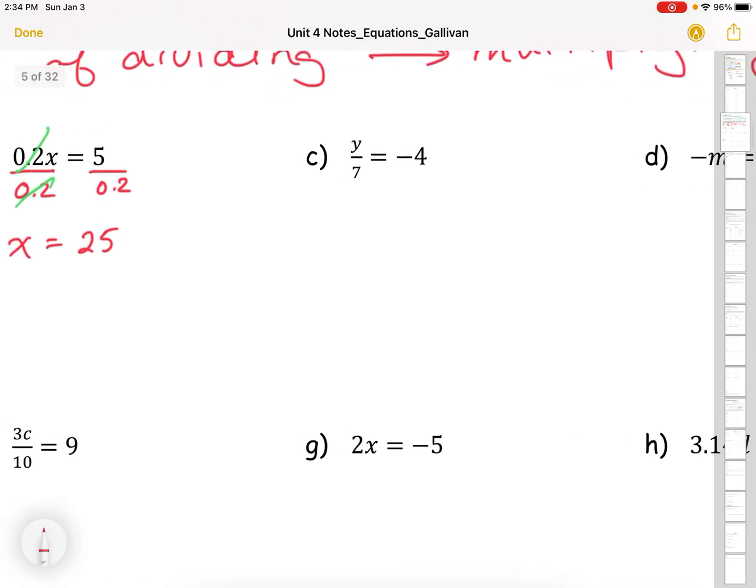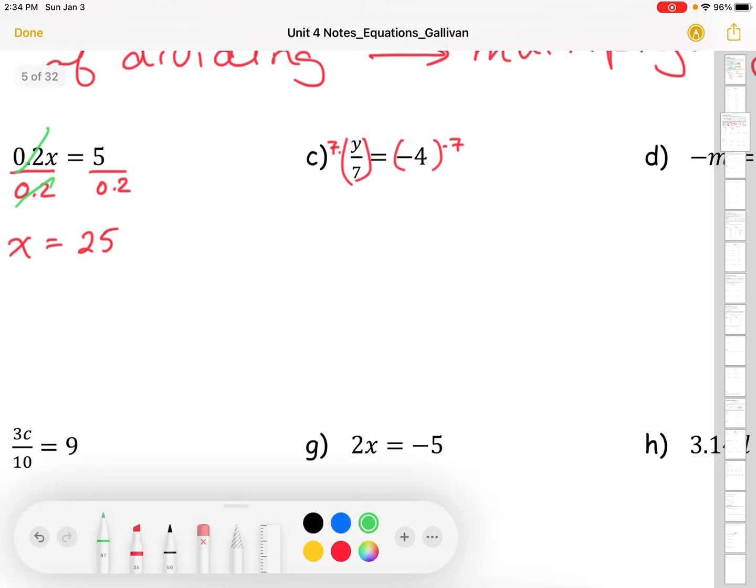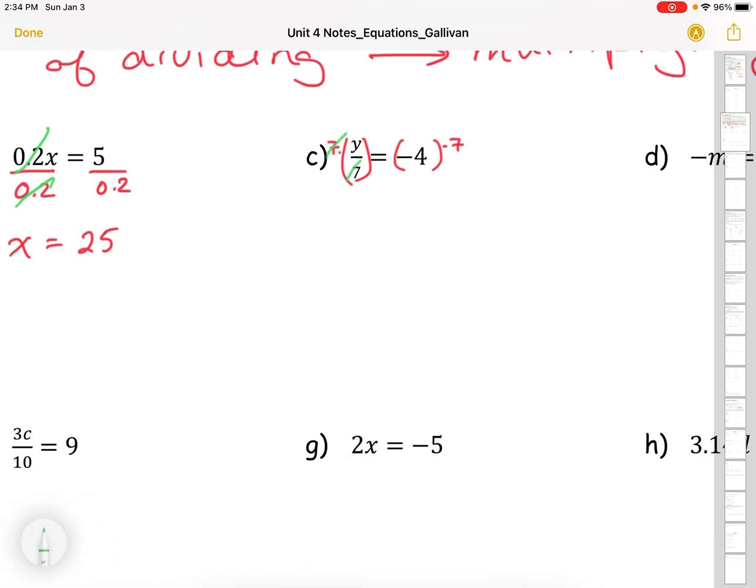Okay, now here I have a situation where I've got a division. So the opposite of division is multiplying. So I'm going to multiply by 7. It's going to cancel out on this side, and I'm going to be left with y is equal to negative 4 times 7, which is negative 28.